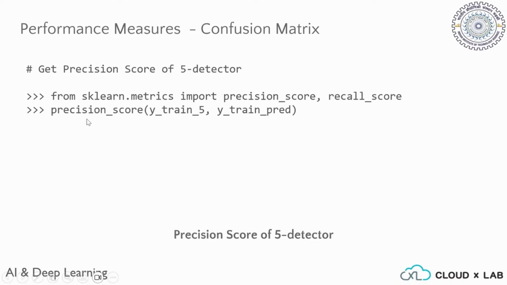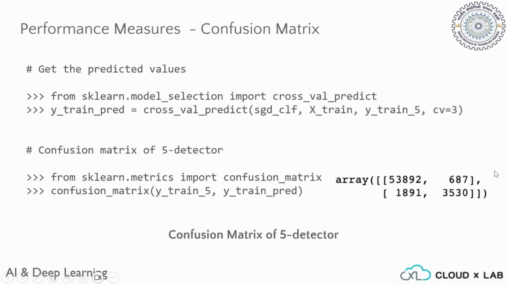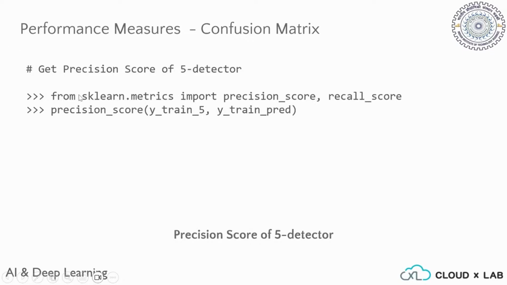Now, if we want to get the precision and recall, we will import precision_score and recall_score. You can calculate precision or recall either directly from this matrix using the formula, or using these methods. For precision_score, we pass the actual output and the model predicted output, and you will get the precision score.